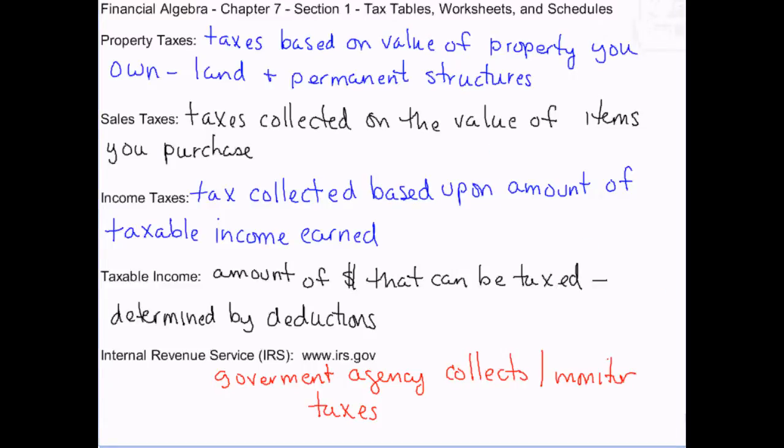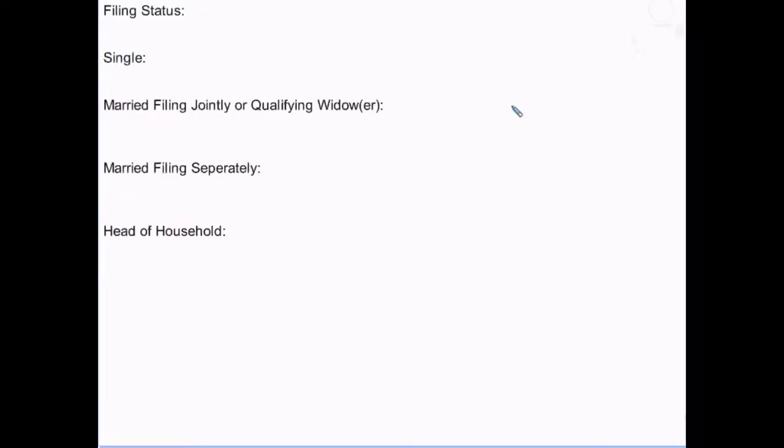Oh my goodness. The filing status, that's what I was just talking about, those different columns. Whether you're single or married filing together or married filing apart or head of household. It's based on your living situation. Okay, and it determines your tax rate.